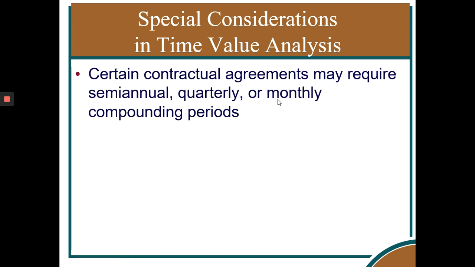So annual means n equals 1. Semi-annual means n equals 2, because you're compounding twice a year, 6 months, 6 months. Quarterly means compounding every 3 months, so n equals 4. Monthly is 12 months.